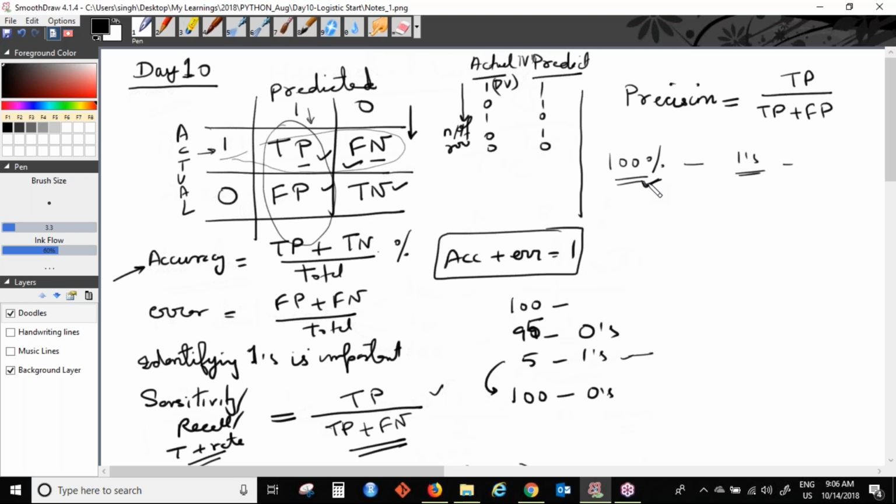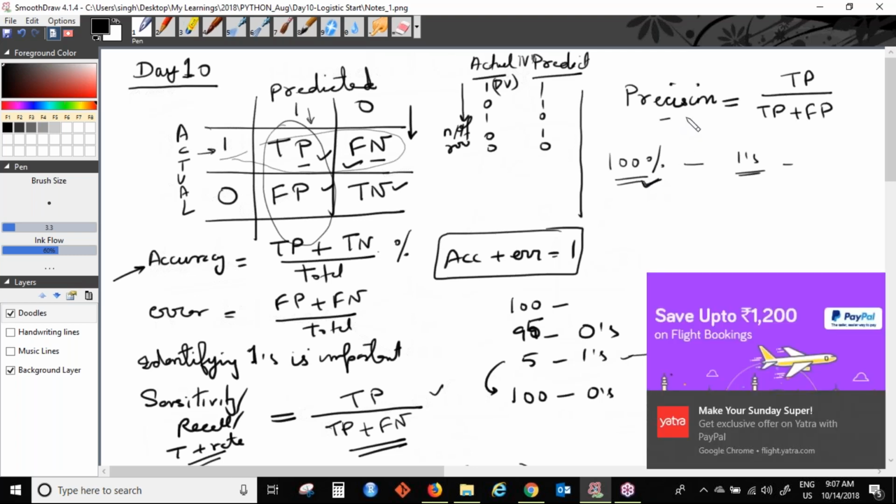You will misunderstand that it's a very good model, but actually that model is predicting one for everybody. So we have to put a constraint so that the model never predicts like this.